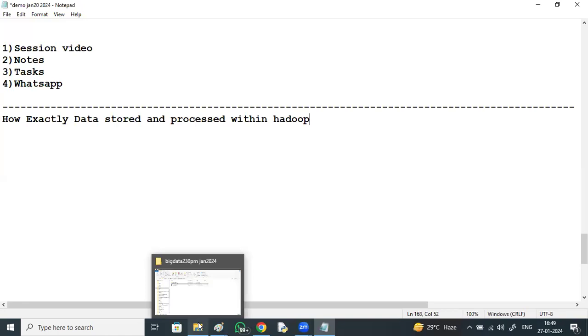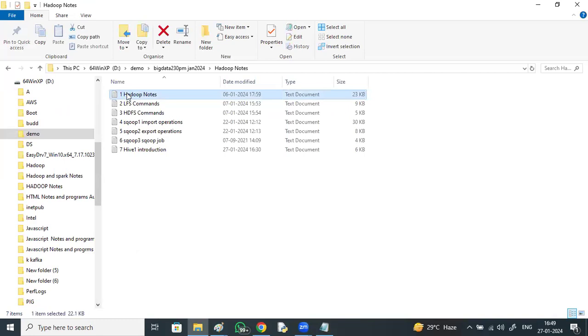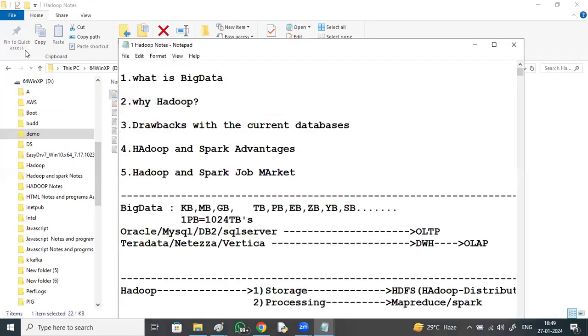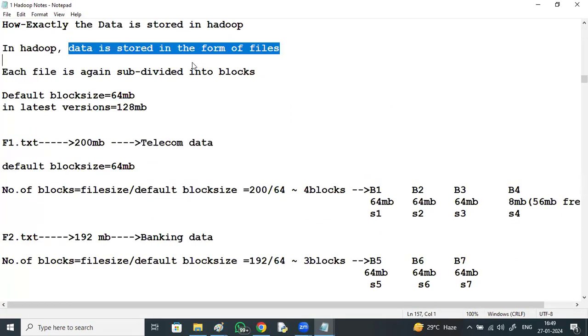Just observe this. In Hadoop, data is stored in the form of files: .txt files, .csv files, .json files, .xml files. Data is stored in the form of files.